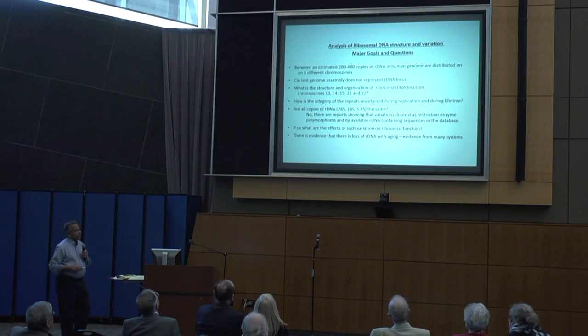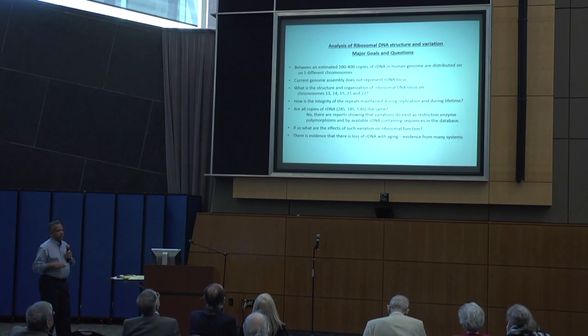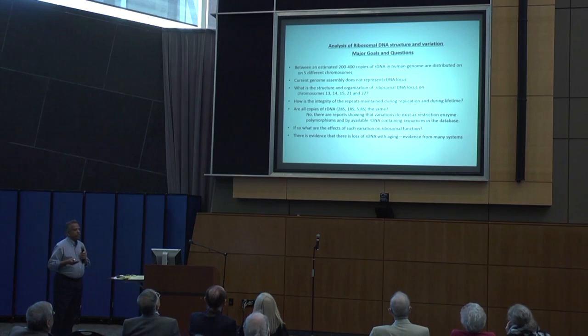So our goal has been to try to understand in great detail what is the arrangement of these copies of DNA. There are 400 copies in each cell, and this raises a lot of problems because we know that when there is duplication of the genes in a cell or in a species during evolution, the genes do tend to diverge.